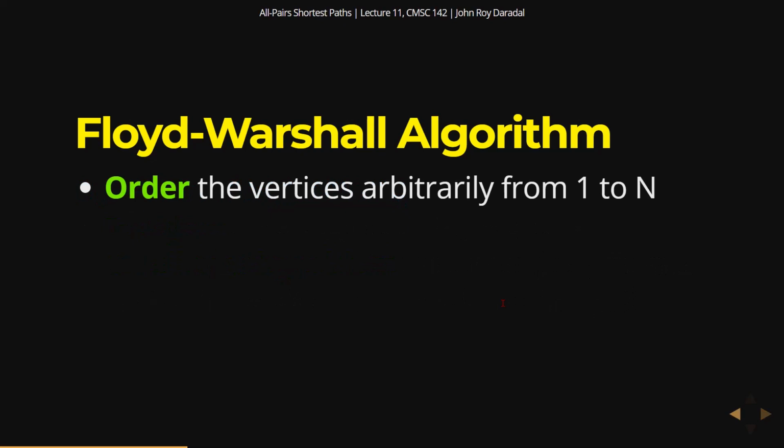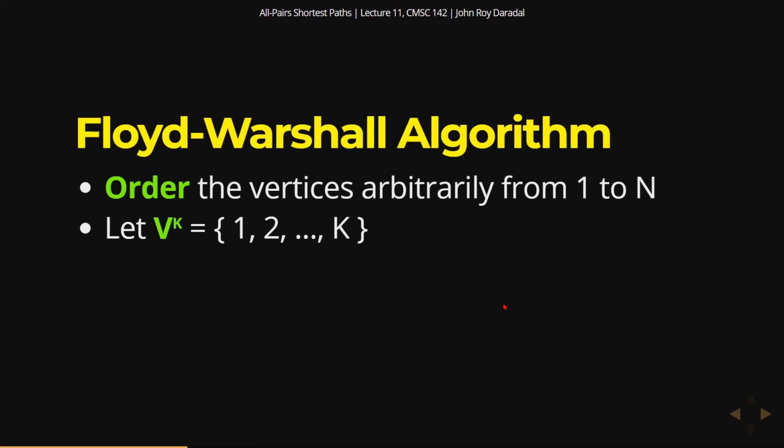Okay, so what we will do is order the vertices arbitrarily from 1 to n, but usually we'll just order them alphabetically. So if you have A, B, C, D, E as the vertices, then we'll label them 1 to 5. Let V raised to k be the vertices from 1 up to k.